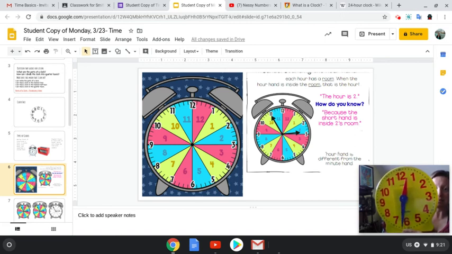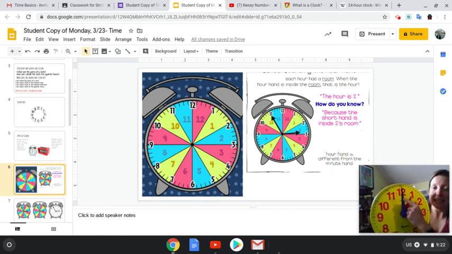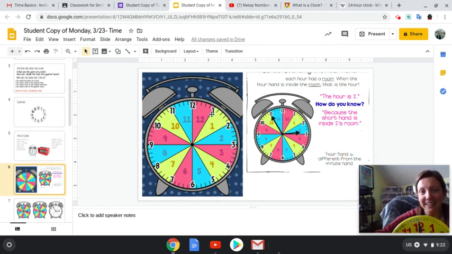Well, it moves 60 times all the way around the clock till it gets back up here. Now, if you notice, our hour hand is not at 12 anymore, it's at 1. That's because it's moved into a new room. When we look here, now it's in the 1 o'clock room. It's in the ones room.